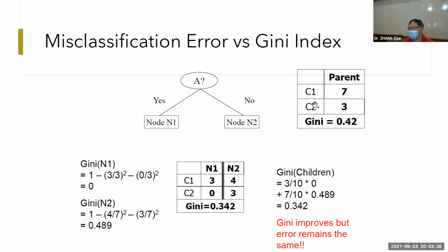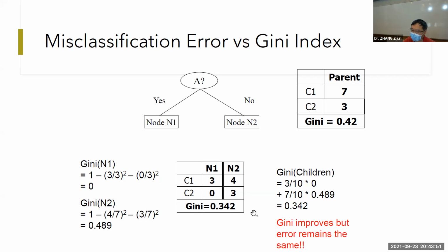The Gini before splitting is equal to 0.42. After the split, we have 2 nodes, node 1 and node 2, with 3 data points going into node 1 and 7 records going into node 2. We can compute the Gini at each of the nodes, and the Gini after splitting is 0.342.